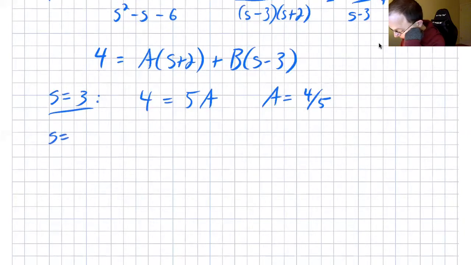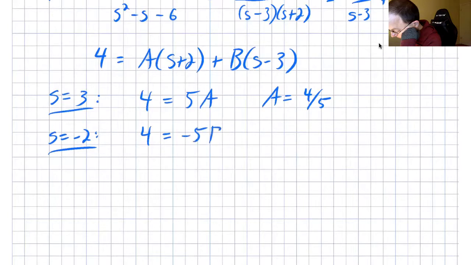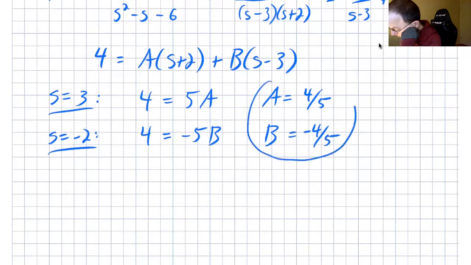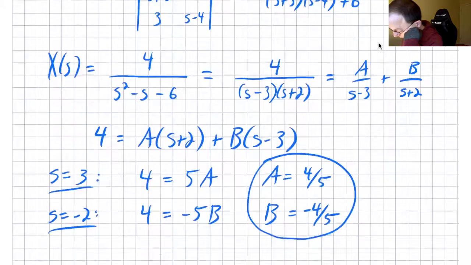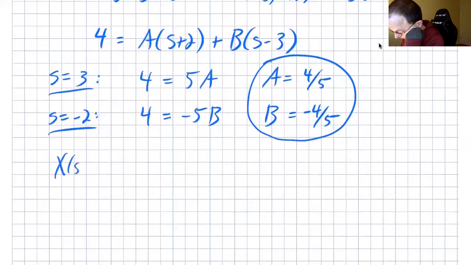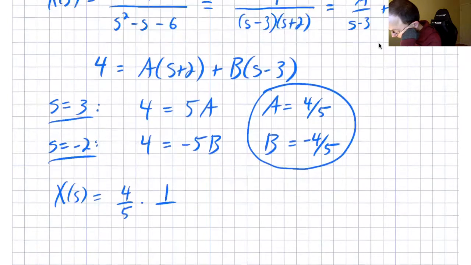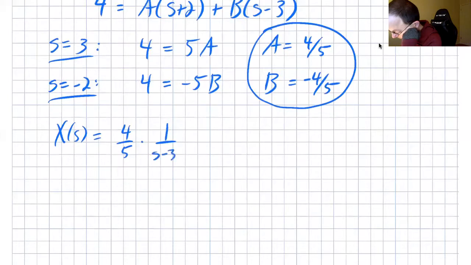And then s equals minus 2, and we get 4 is equal to minus 5B. So B is minus 4 over 5. Therefore, x of s is equal to 4 over 5 times 1 over s minus 3, minus 4 over 5 times 1 over s plus 2.